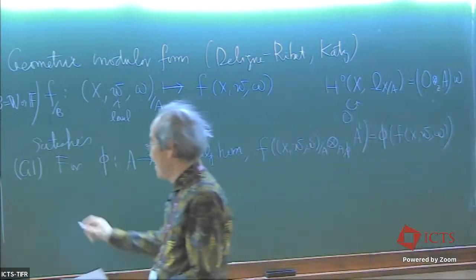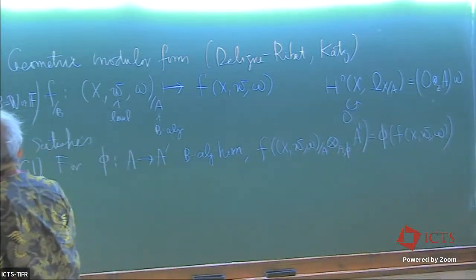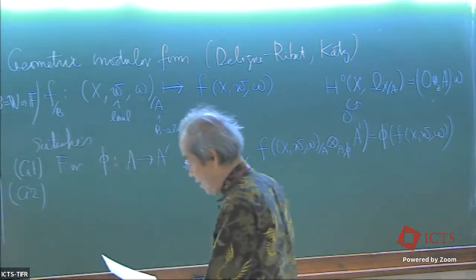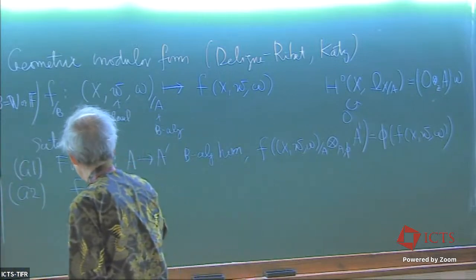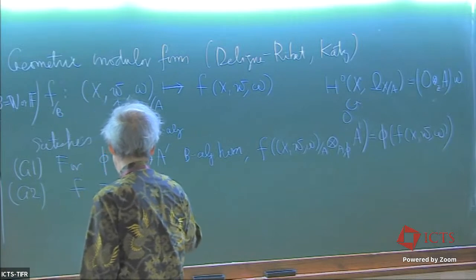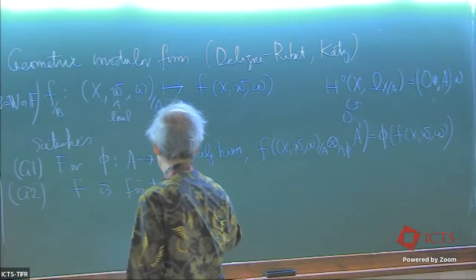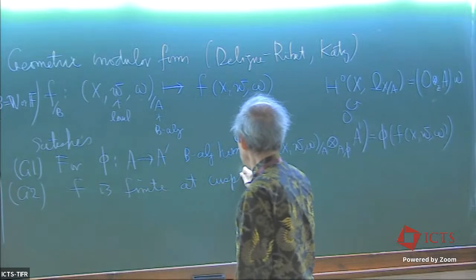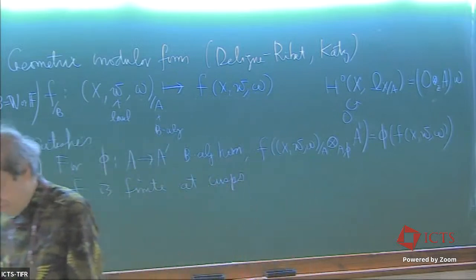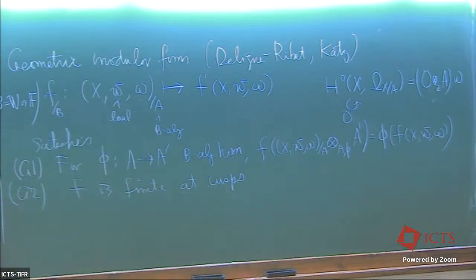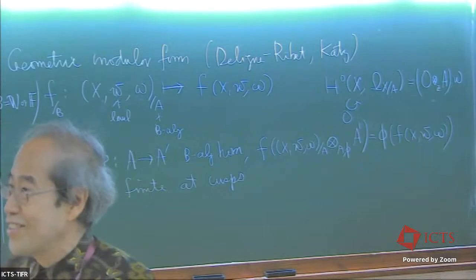Okay, G2. So F is finite at cusps. So the cusp corresponding to the Tate-Abelian variety. And this Tate-Abelian variety is defined over Q expansion rings.